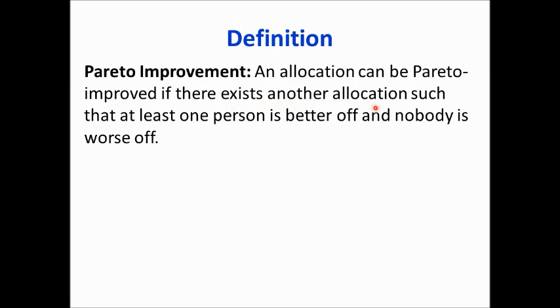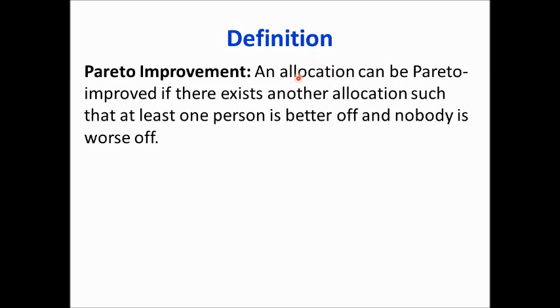But if there exists another allocation, then this allocation should have two properties in order to qualify as a Pareto improvement. The first property is that at least one person is better off, and the second condition is that nobody is worse off.